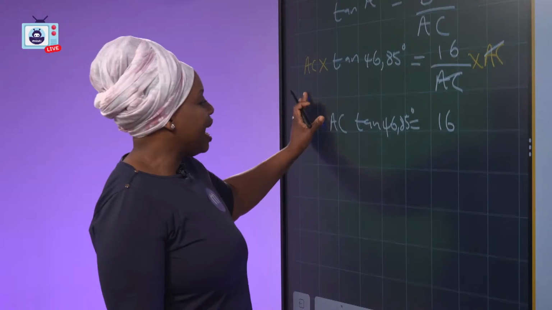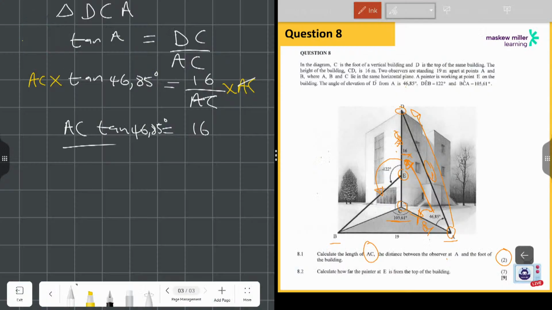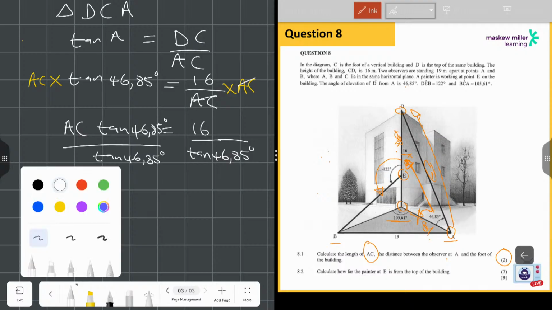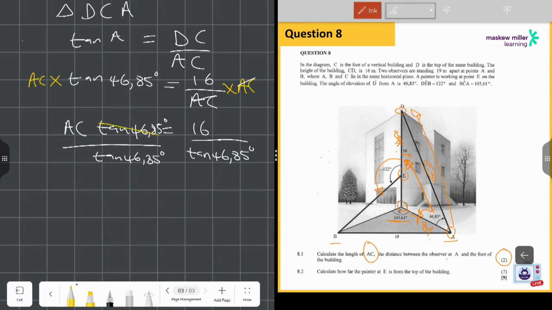Then, remember we are looking for AC, so we'll divide both sides by tan 46,85 degrees. Then our tan on the left will divide out and we remain only with AC.